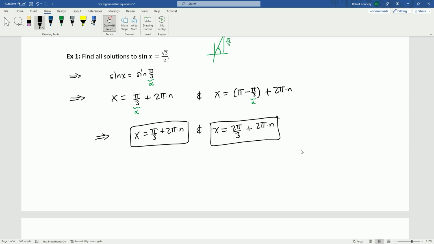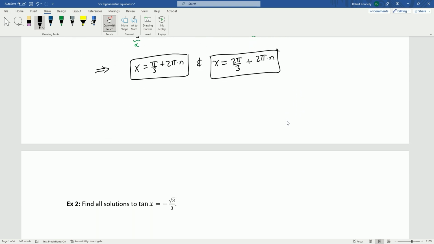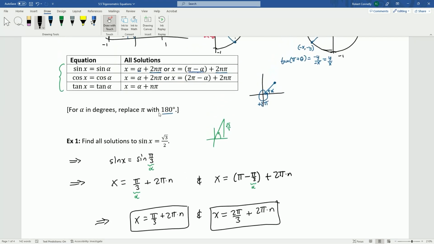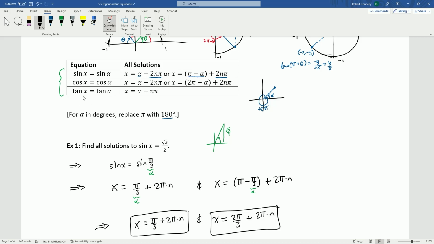Okay, so let's go ahead and move on to another equation. So here we have tangent of x equals negative root 3 over 3. Now in this case, we've got this tangent of x equals tangent of alpha equation, and all solutions here come in the form x equals alpha plus n times pi.